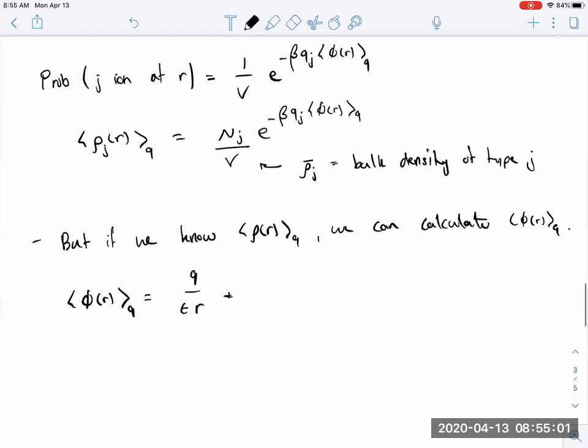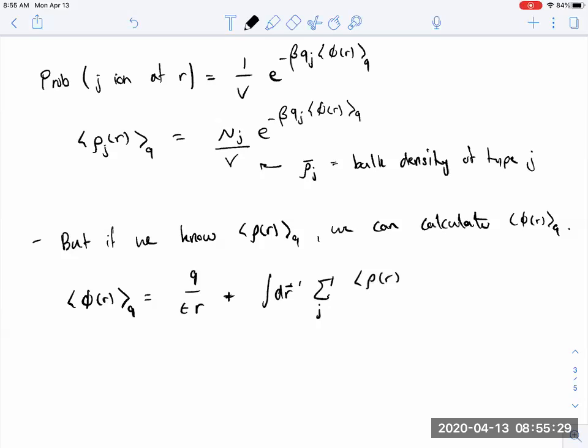In addition to that one ion, there are other ions that have distributed themselves at different positions. So I need to sum over all of those other positions. Positions are continuous, so that sum is an integral over all other positions over all types J.